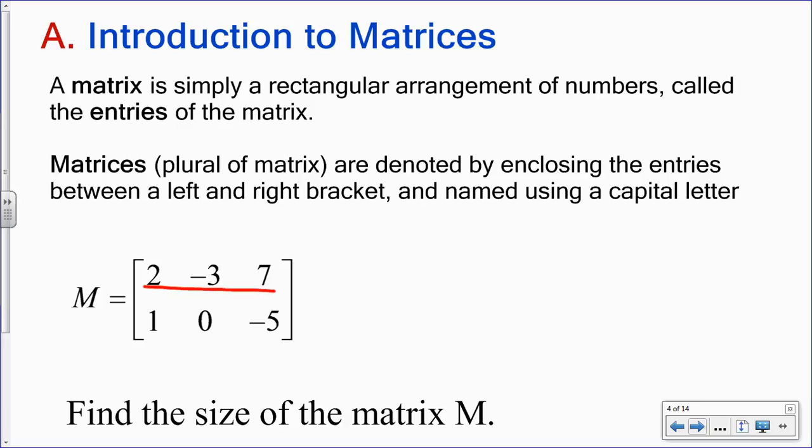So the horizontal entries are your rows. So this is row 1, this is row 2. Okay, and then your vertical entries are your columns.